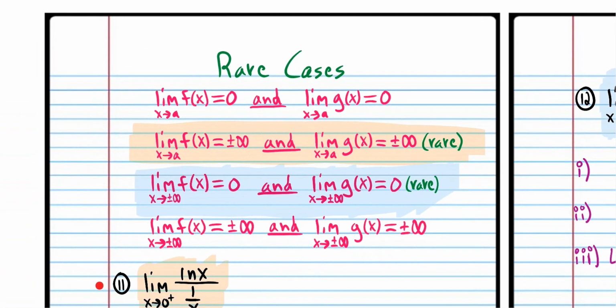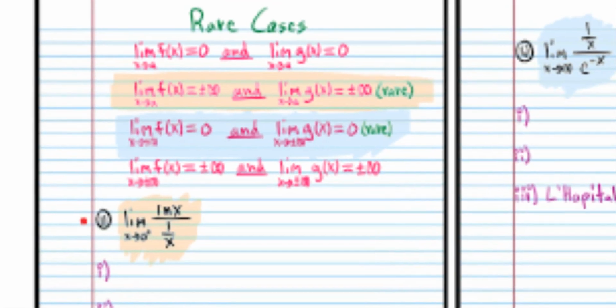So this scenario up here is when x is approaching some finite number, in this case a, and f of x is approaching 0, which is also a finite number. So you have x approaching a finite number, and you have f of x approaching a finite number.